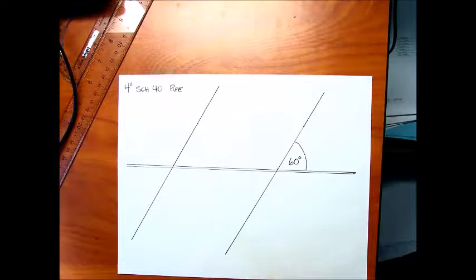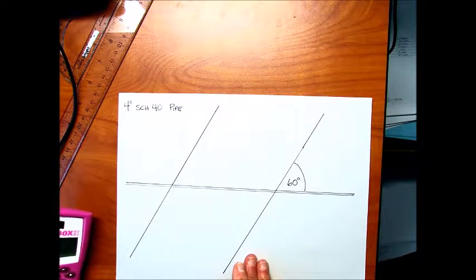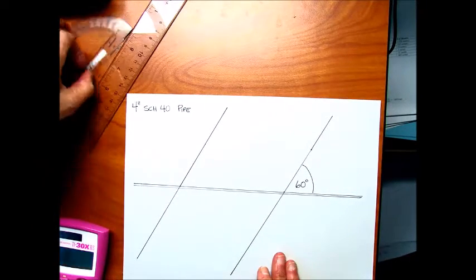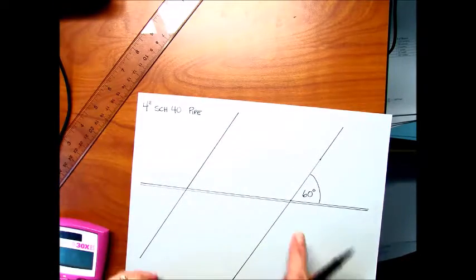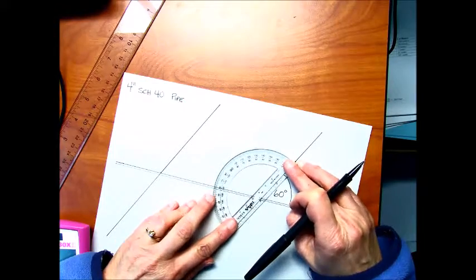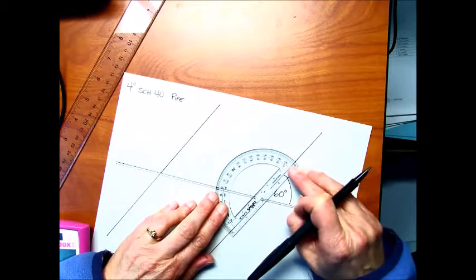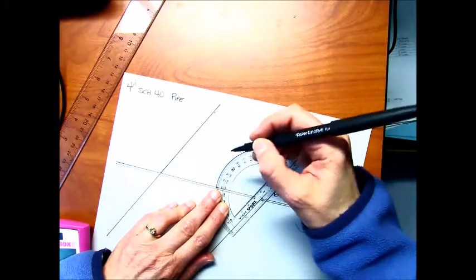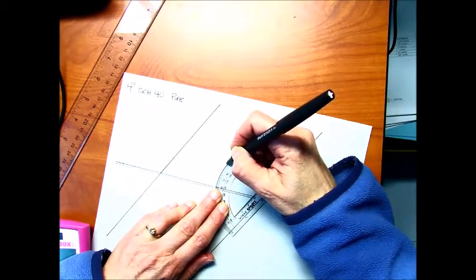Alright, we're going to create a right triangle to figure out the width and length of our ellipse. Now the width happens to be the diameter, the outside diameter. So I'm going to create a right triangle. Now I know this is 60. I'm going to make a triangle. Okay, and I'm going to create a line here.